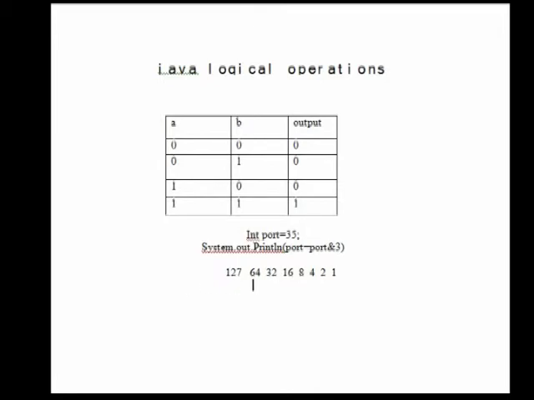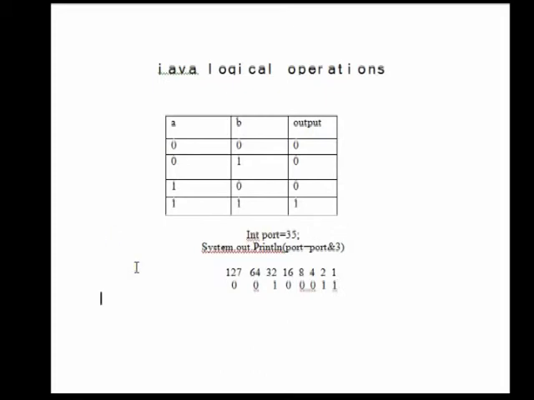You work from left to right, so no 127. You can't have a 64 because it would be over 35. 32, yes, we can have that, but our remainder would be 3, so we can't have the 16, 8, or 4. But we can have the 2 and the 1. So that gives us 35.